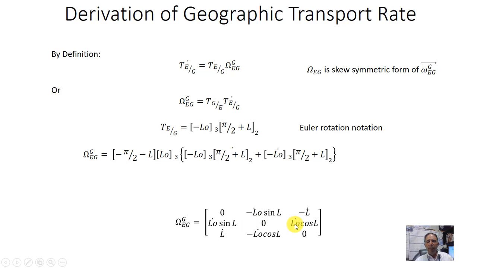And similarly, the 2,3 element is minus the 3,2 element. Note that a skew symmetric matrix has three unique components representing a vector. The 1,2 component generally represents, in most books, the third component of the vector.